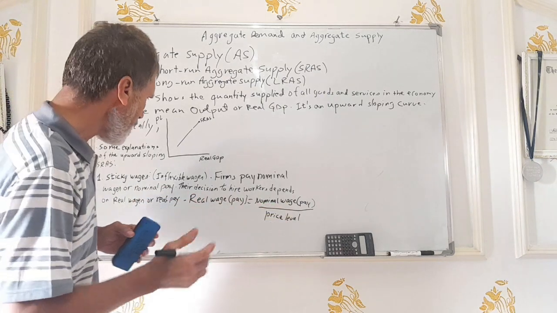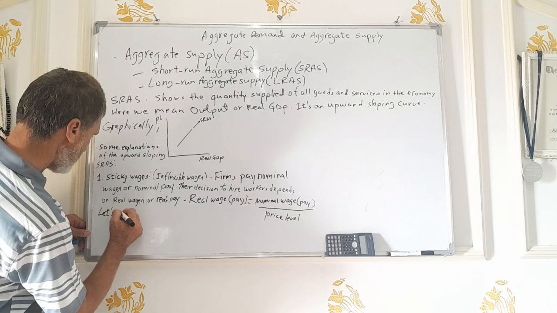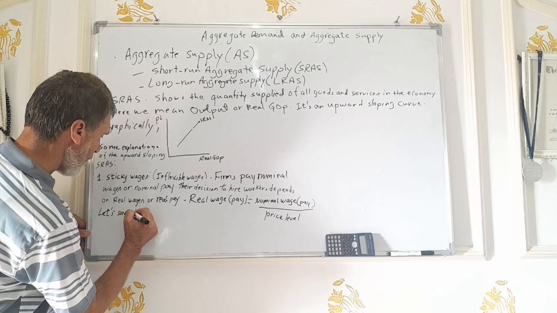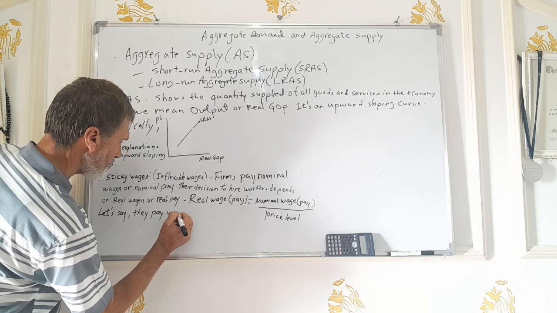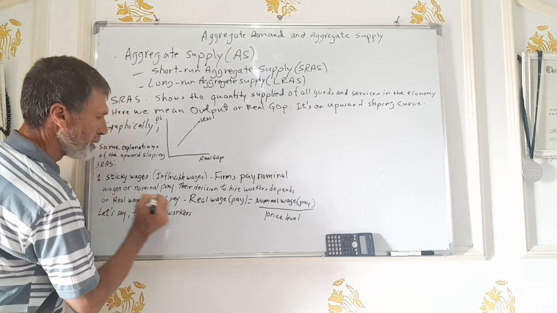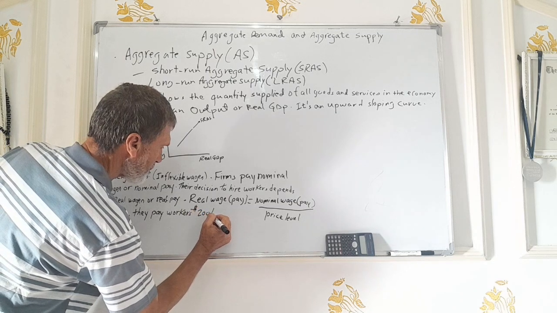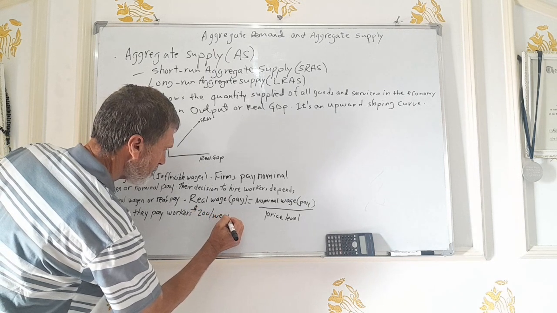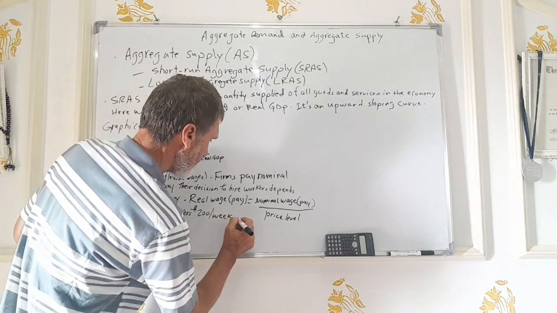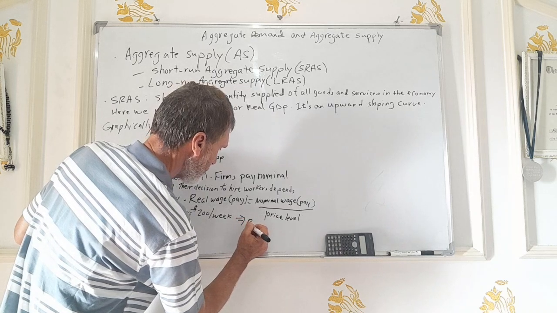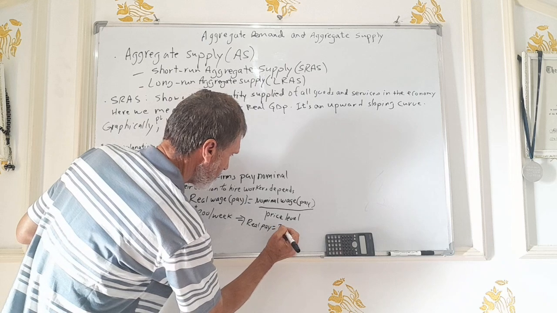Now, let's say, for instance, they pay workers $200 per week. Of course, the real wage here, real pay, is 200.